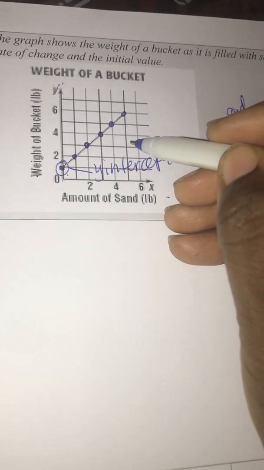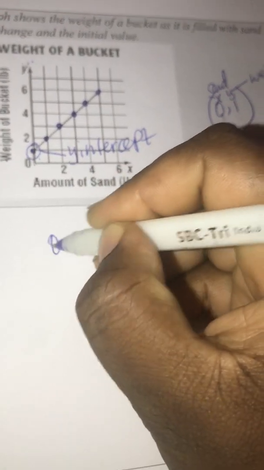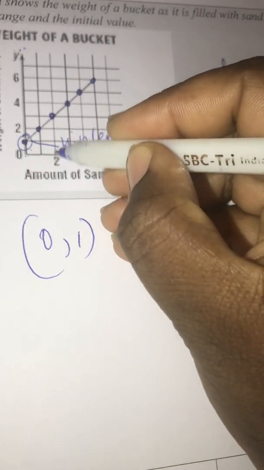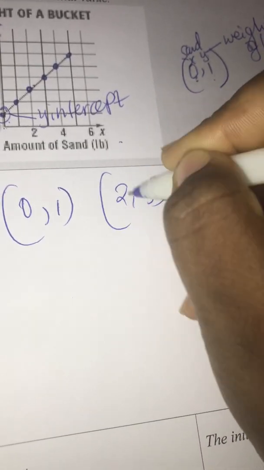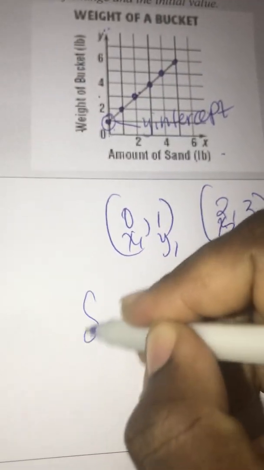Now we need to find our rate of change. So I will pick any 2 points. I will pick 0, 1, and I will pick 2, 3. See, 2 goes with 3. So x2, y2, x1, y1.